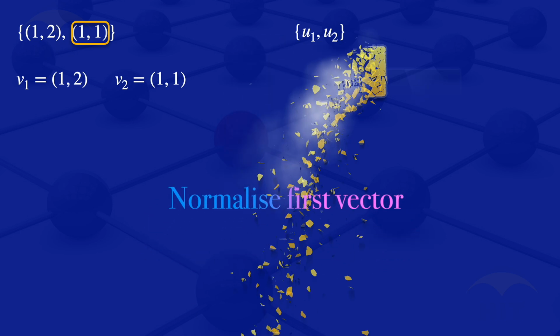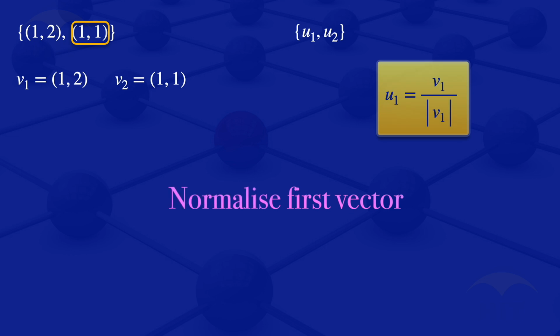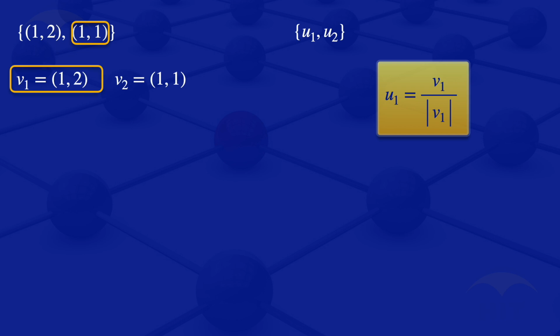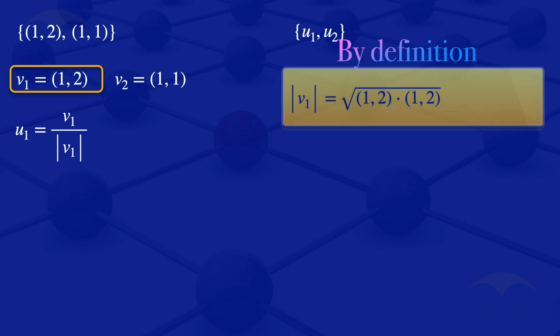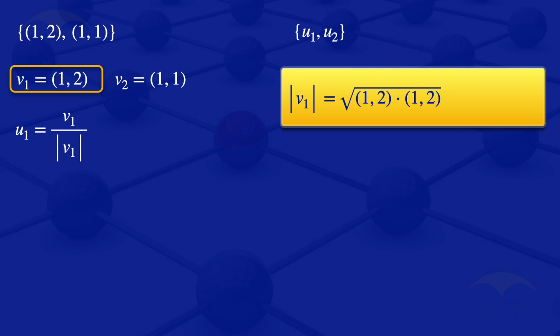To normalize V1, I will set U1 equal to V1 divided by the norm of V1. Our V1 is (1, 2). For the norm of V1, it is the square root of the inner product of V1 and V1. We multiply the corresponding elements, 1 times 1 plus 2 times 2, which gives us 5, so the norm of V1 is the square root of 5.